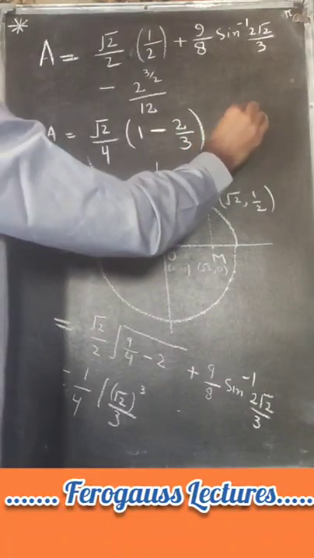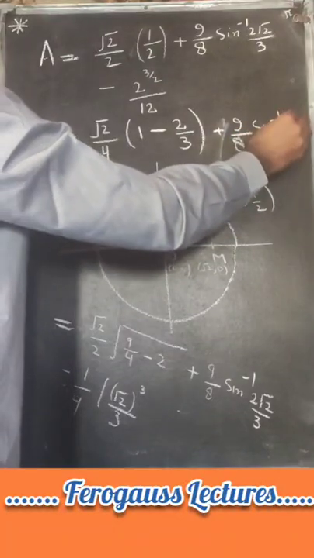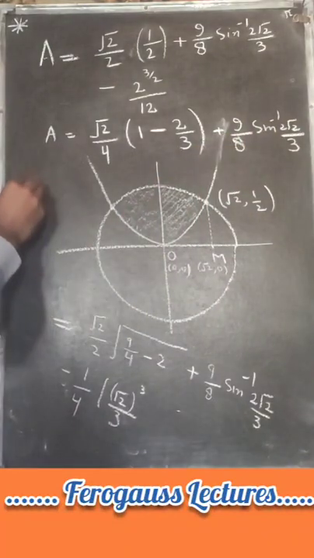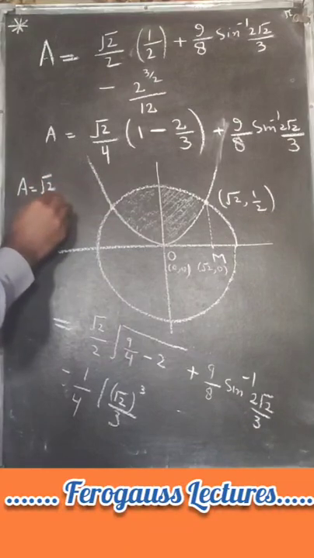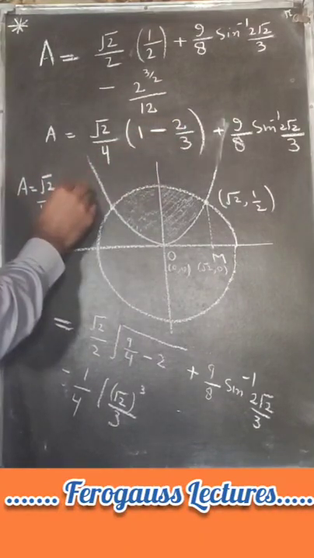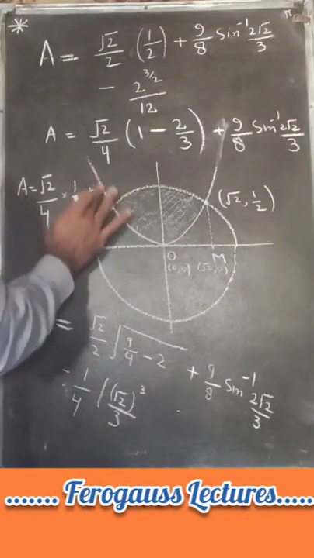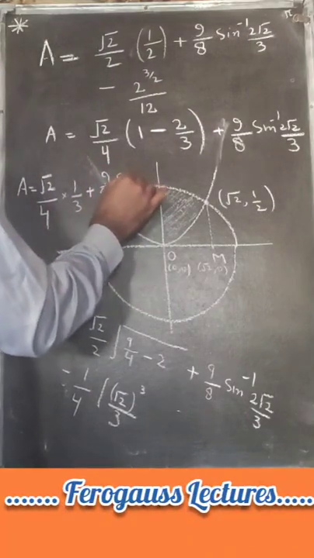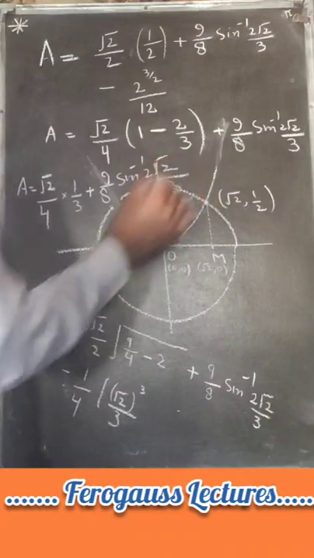Then plus 9 by 8 sine inverse 2 root 2 by 3, or A is equal to square root of 2 divided by 4 times, 3 minus 2, that is 1 by 3, so it is 1 by 3 plus 9 by 8 sine inverse 2 root 2 divided by 3.